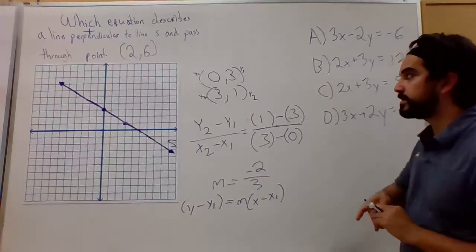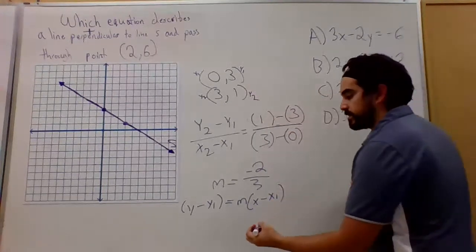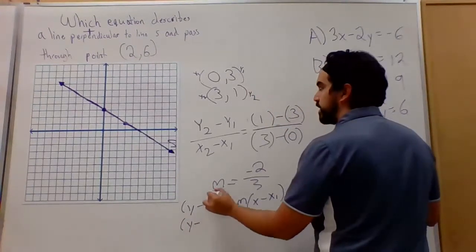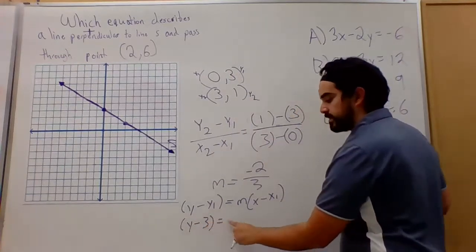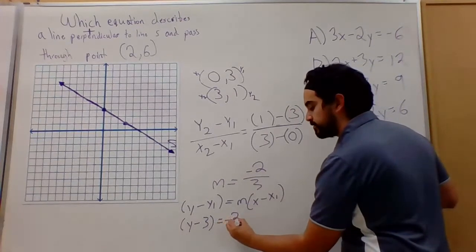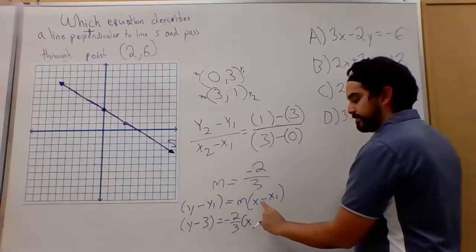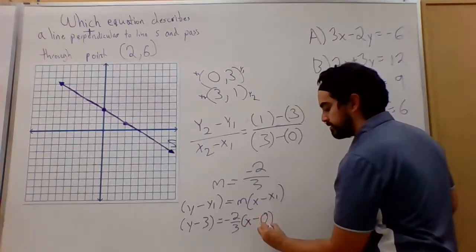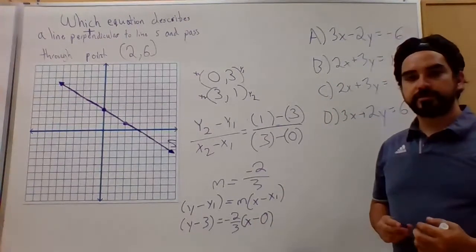I'm going to stick with the first one, (0, 3). So we're going to rewrite it as y minus 3 equals negative 2/3 times (x minus 0). So I just input it into point slope form.